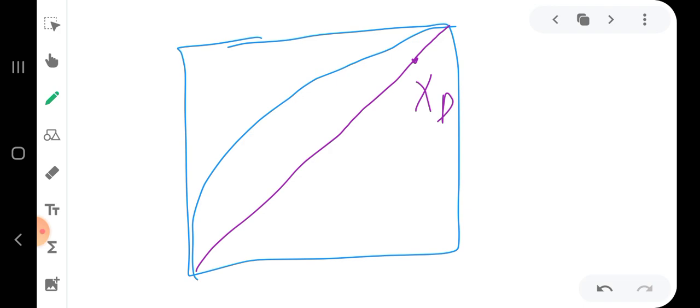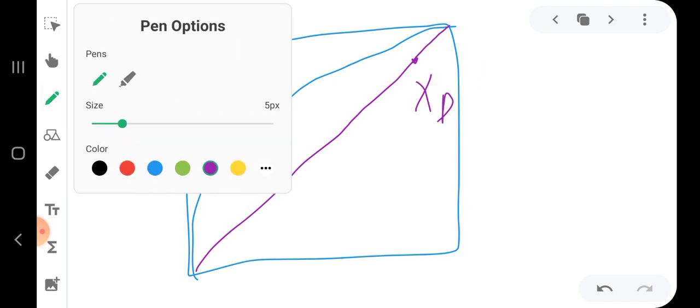We are going to assume that the operating line coincides with the 45-degree line.